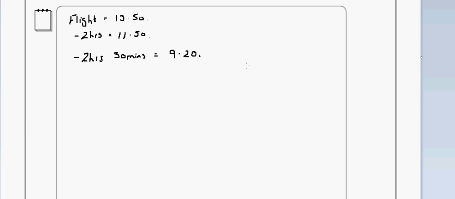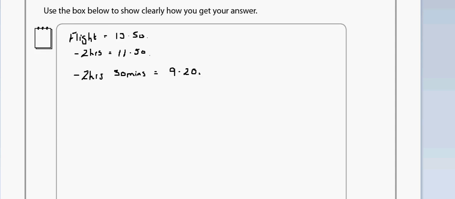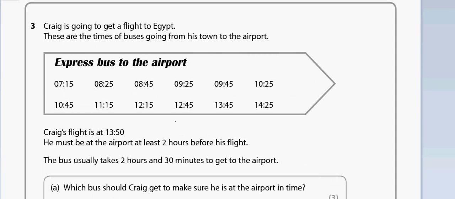Okay, so we need to make sure that he gets the bus no later than 9:20. So 9:25 we can see is too late, so you'd have to get the 8:45 bus.